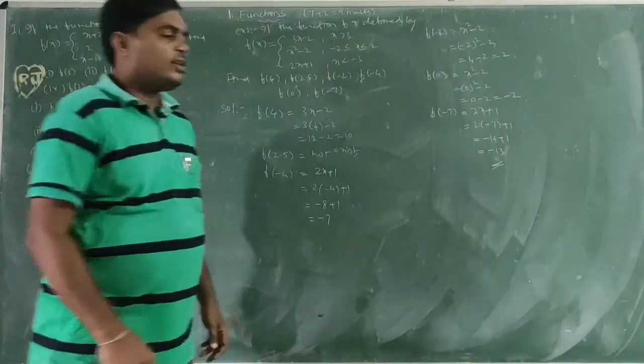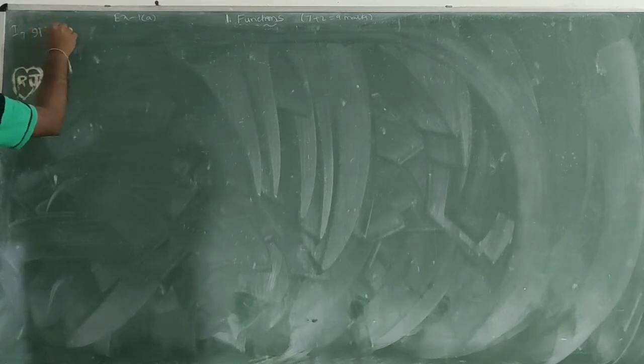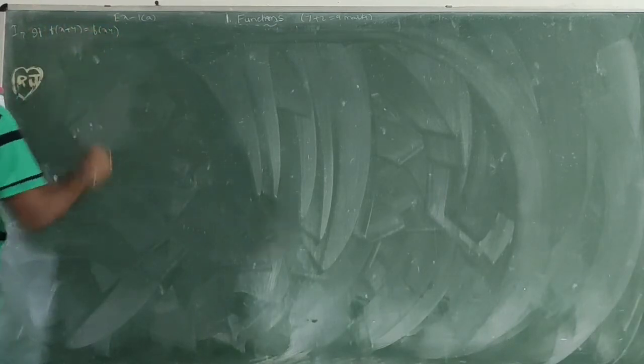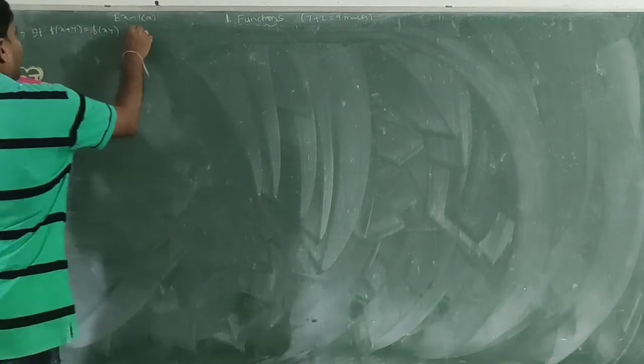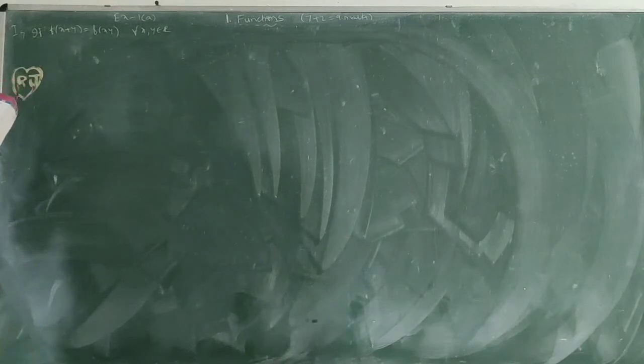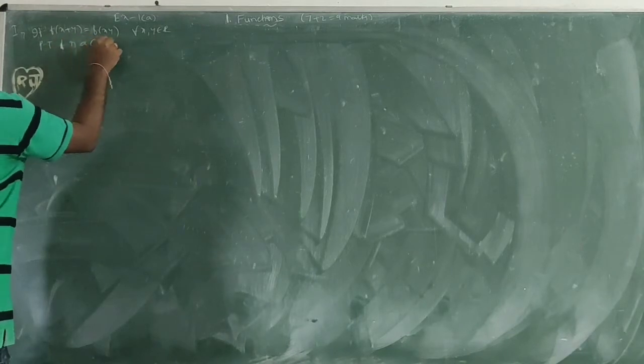So this is the first bit, seventh question. If f of x plus y equal to f of xy for all x, y belonging to R, prove that f is a constant function.